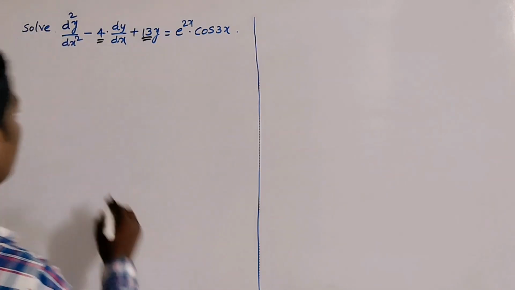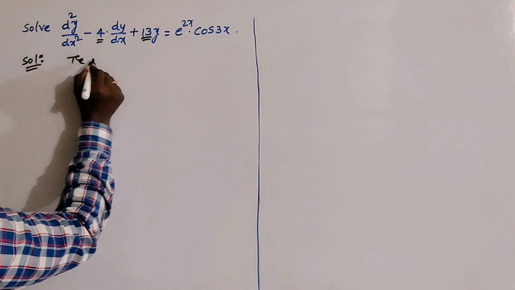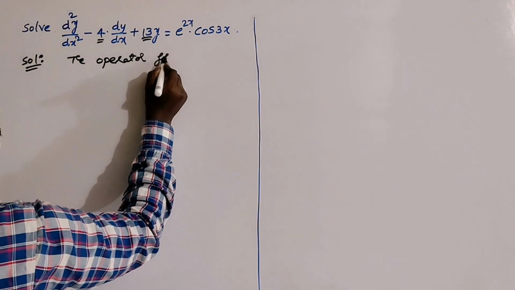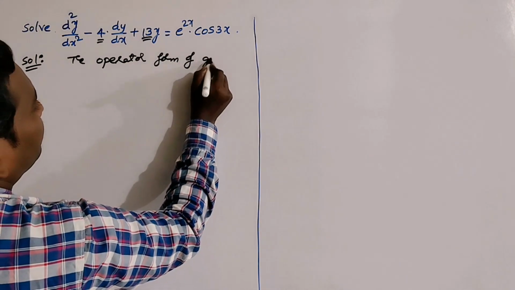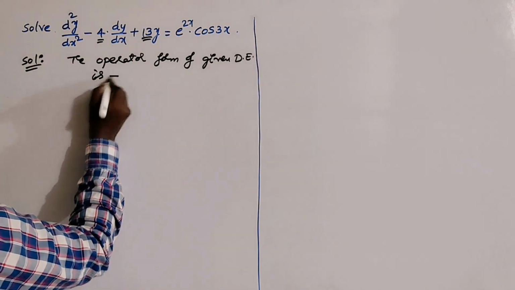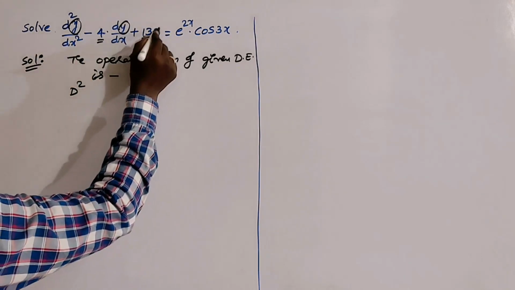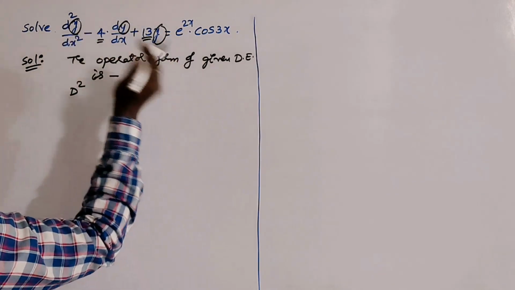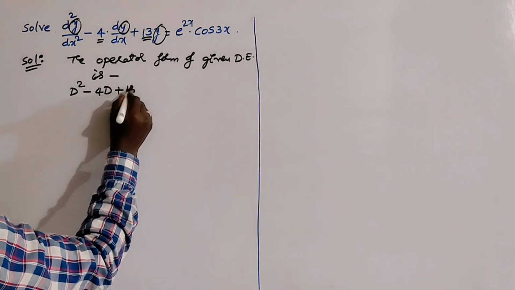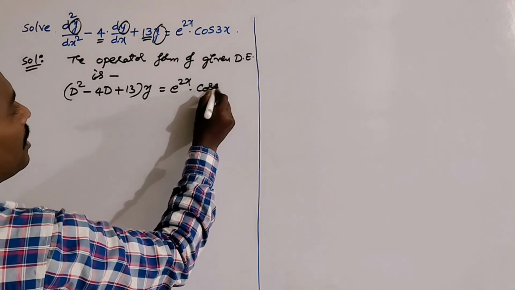First of all we have to write the operator form. So the operator form of the given differential equation is (d square minus 4d plus 13) y is equal to e power 2x into cos 3x.